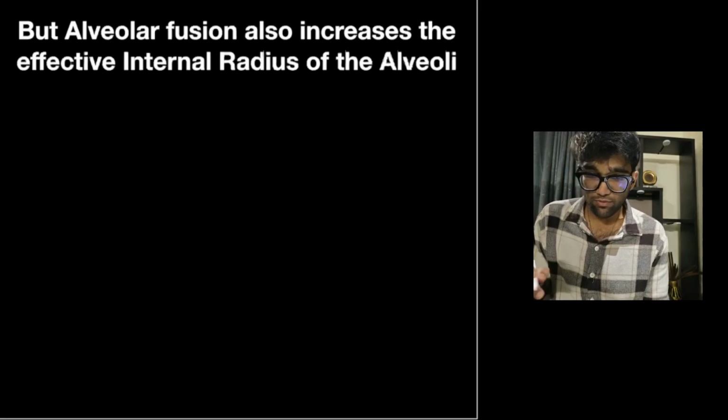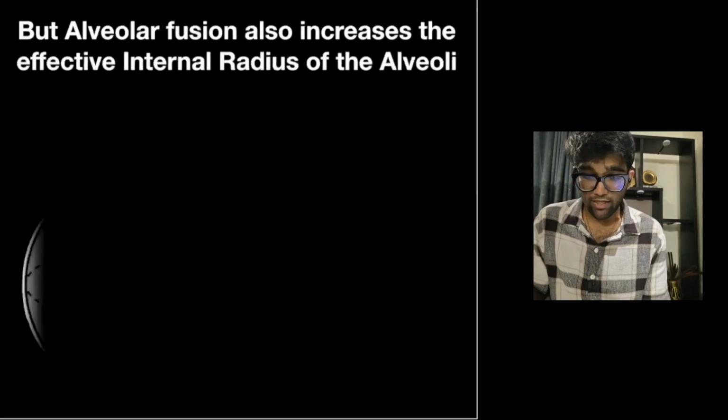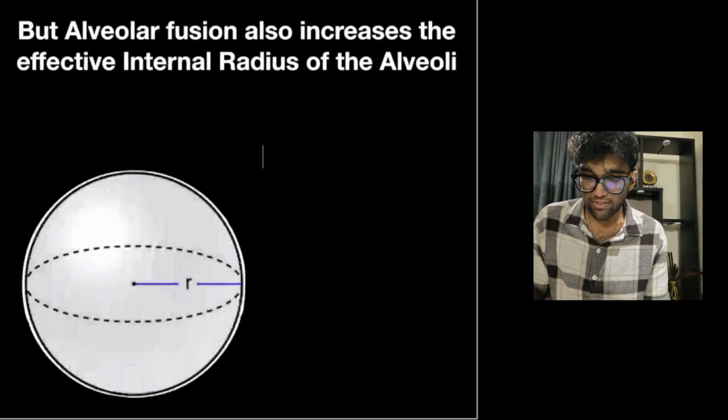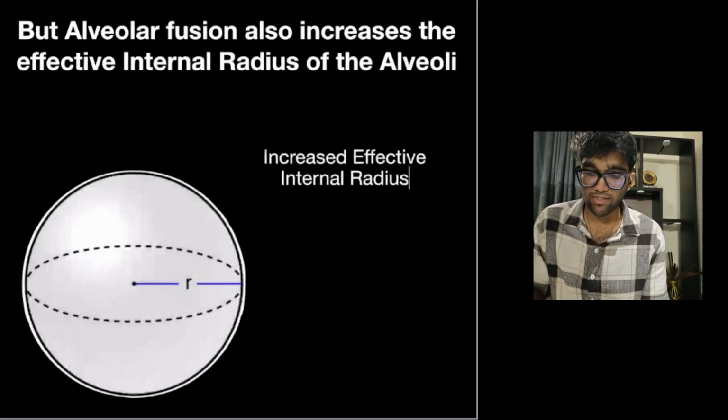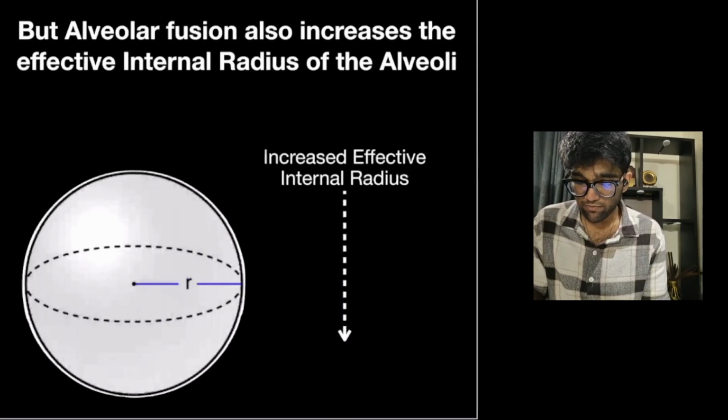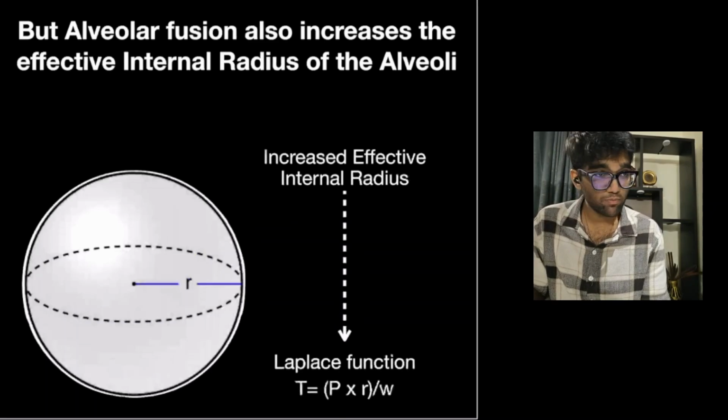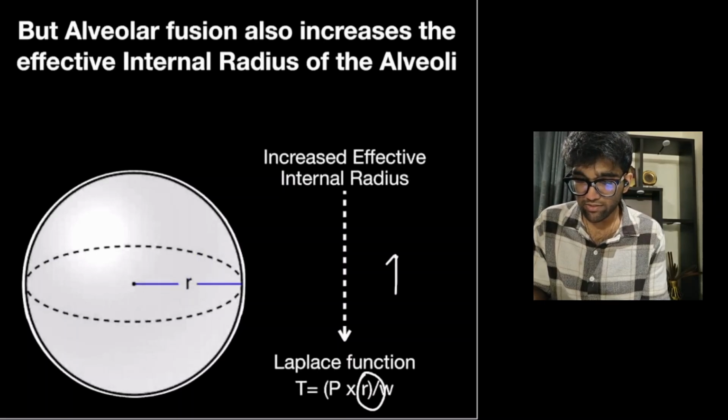Okay, so alveolar fusion also increases the effective internal radius of the alveoli, and this has an interesting effect on the surface tension within the alveolus. The surface tension is given by the Laplace function. That is basically that tension is equal to pressure times radius divided by the width. So as the radius increases, you have an increase in the surface tension that is developed in the alveolus.